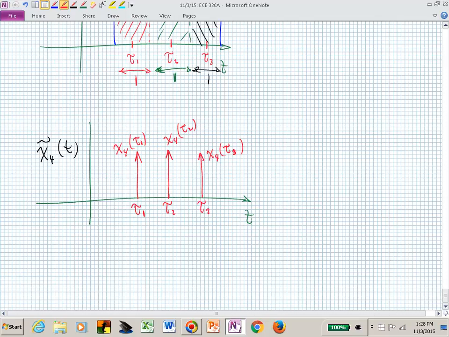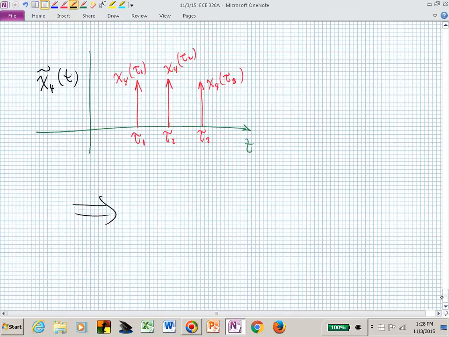And you told me before that you were comfortable working with these impulse input signals to generate an output. Well, now we've approximated this waveform as just a string of impulses. What is y sub 4?